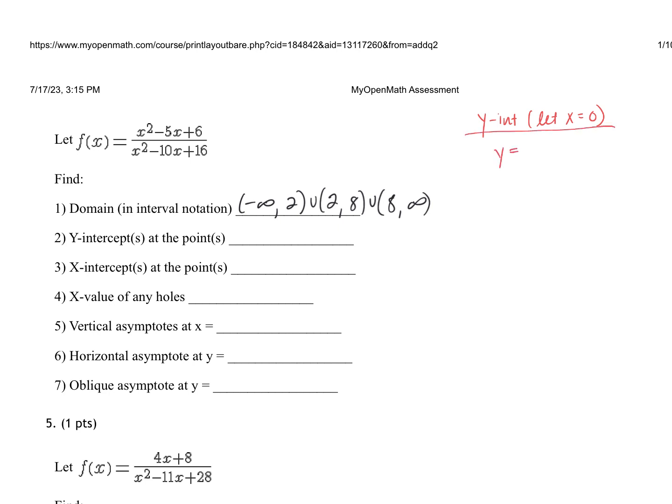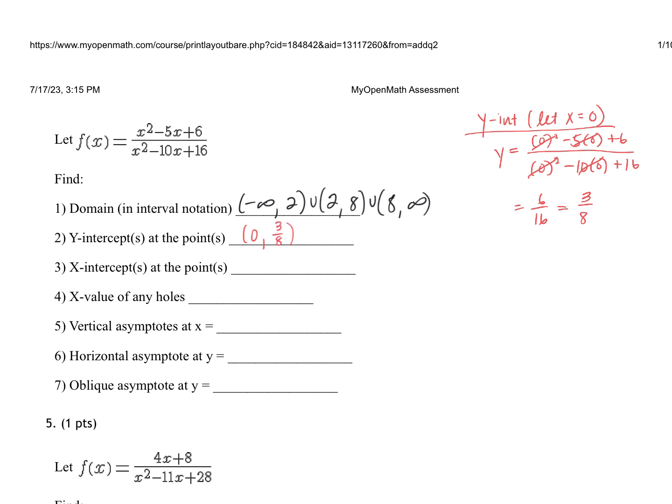So we'll have 0 squared minus 5 times 0 plus 6 over 0 squared minus 10 times 0 plus 16. Notice everything with an x cancels out because it's just 0. So that leaves 6 over 16, which reduces by 2. So that would be 3 over 8. So that is our y-intercept: when x is 0, y is 3/8.